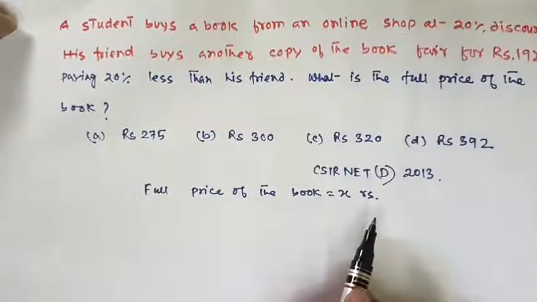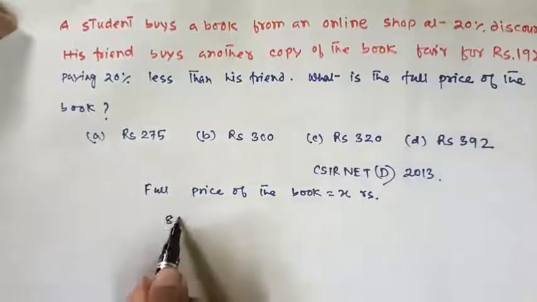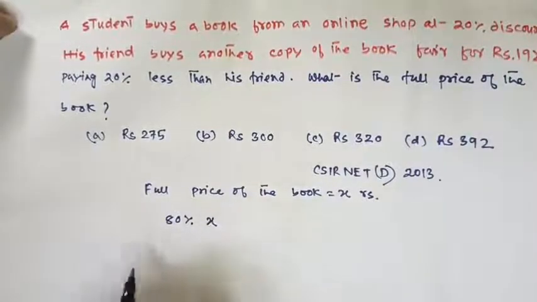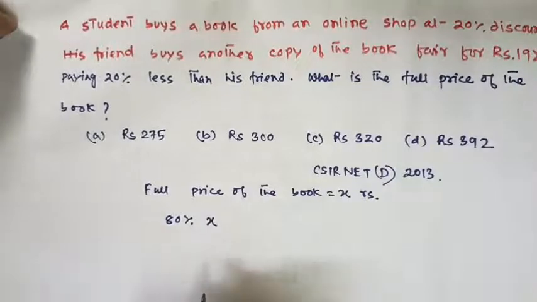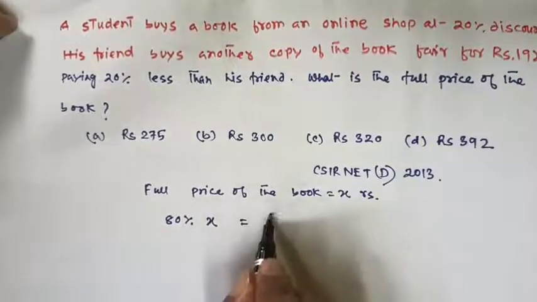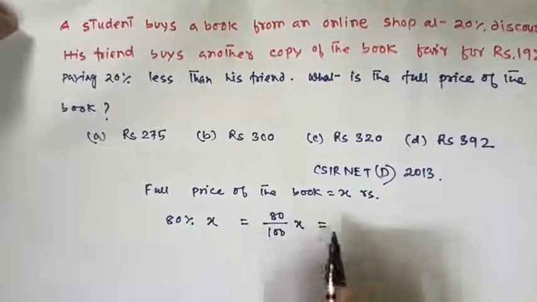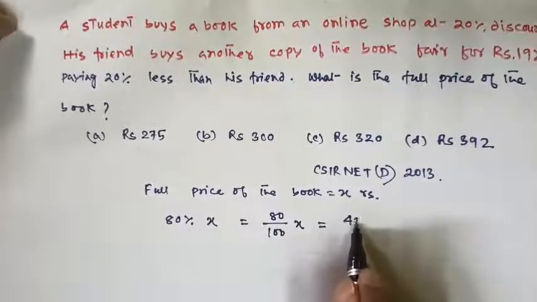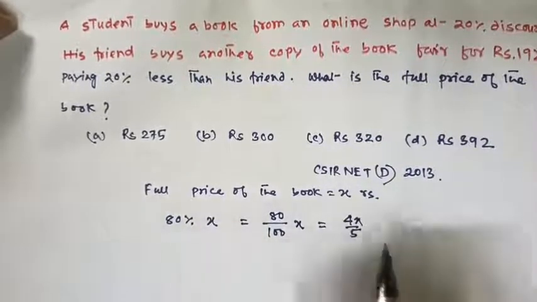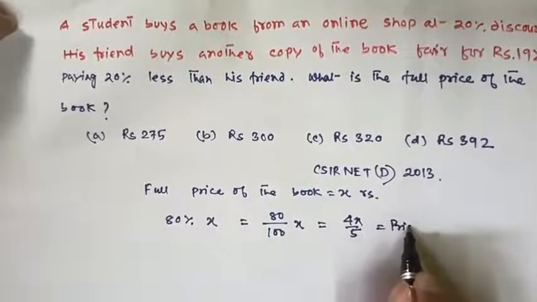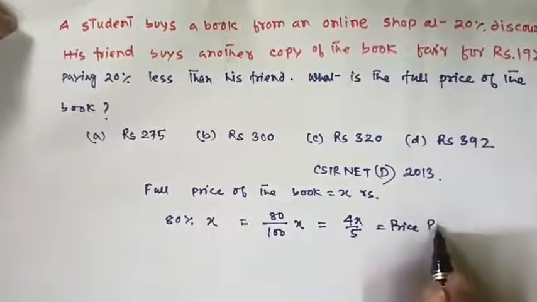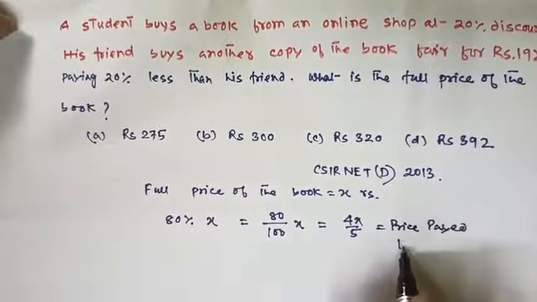So 20% discount on this price would be 80% of X. 80% of X means 80 divided by 100 into X, which is equal to 4X divided by 5. So this is the price paid by the first boy.